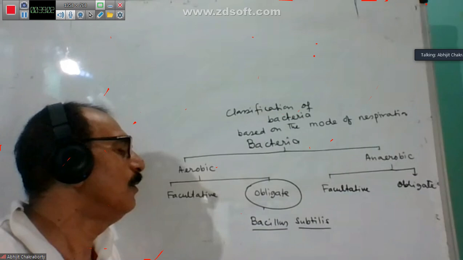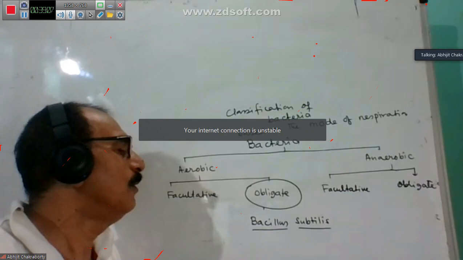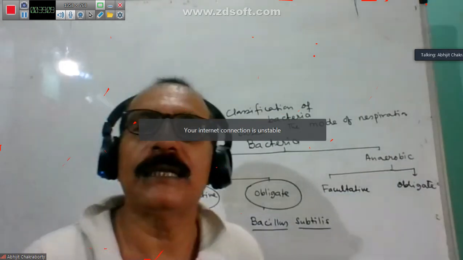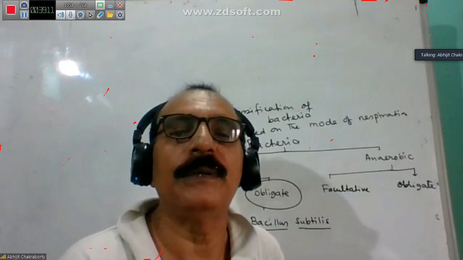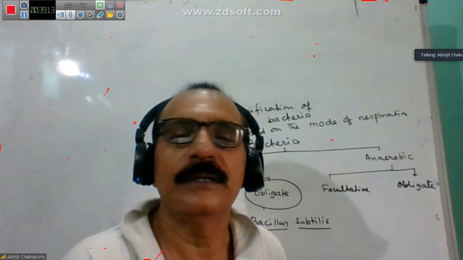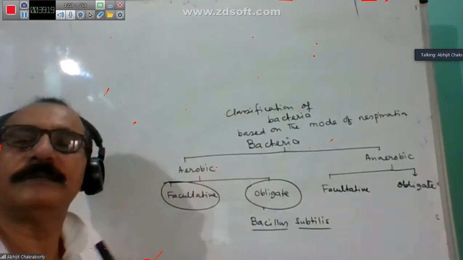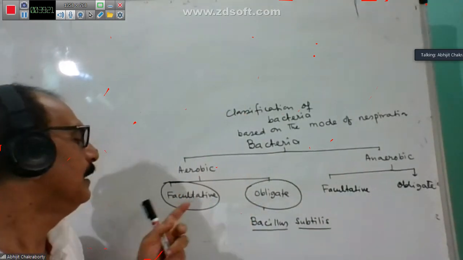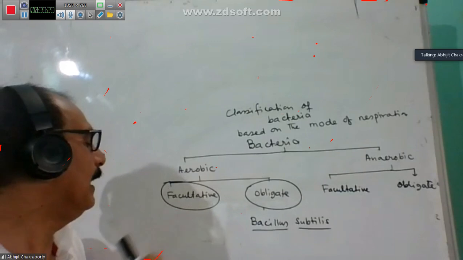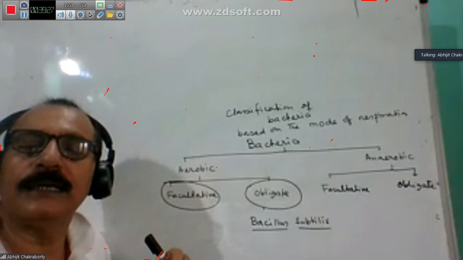Normally anaerobic. They are normally anaerobic, but when oxygen is available, they can switch over to aerobic. That means aerobic is also facultative and obligate. Those who are facultative, normally they are anaerobic bacteria.